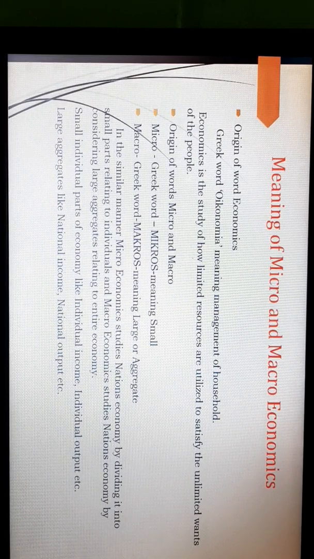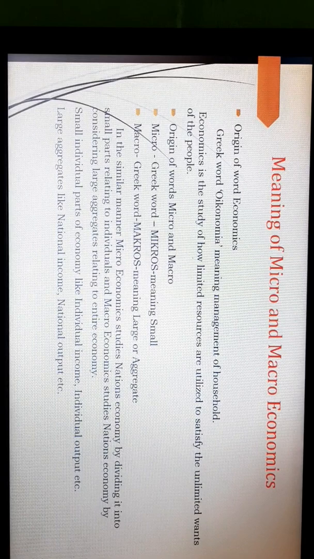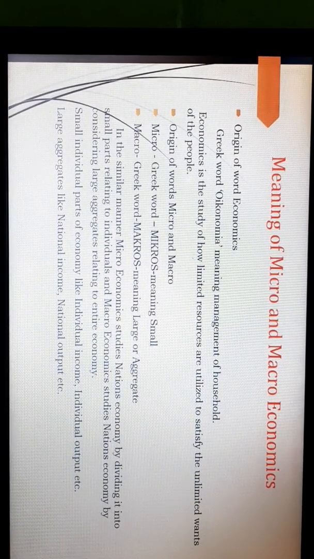Okay. After that, now what microeconomics and macroeconomics is? For that also we will have to first understand the meaning of word micro and macro. So when we talk about micro, again we will see towards its origin. Micro is the word which has been derived from the Greek word micros, which means small, and macro is the word which has been derived from the Greek word called as macros, whose meaning is large or aggregate. Okay, aggregate means total. Fine.